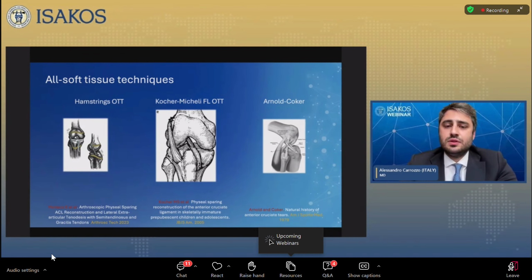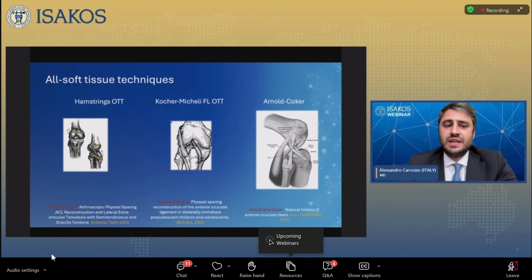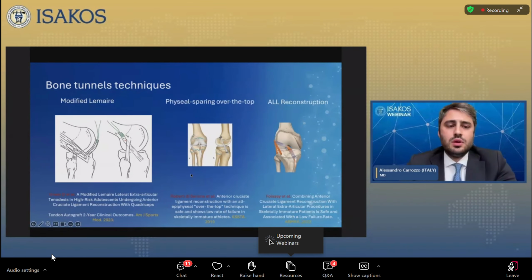In contrast, the technique on the right is the Arnold-Coker technique, a tenodesis with a separate graft, without bone tunnels, and with periosteal fixation. Other techniques that can be used include the execution of bone tunnels, and among these, we can see on the left the modified Lemaire, in which a strip of fascia lata is harvested and passed under the lateral collateral ligament and then fixed to the femoral epiphysis.